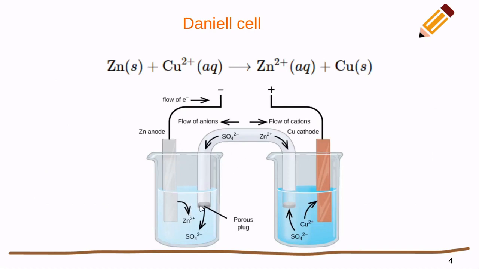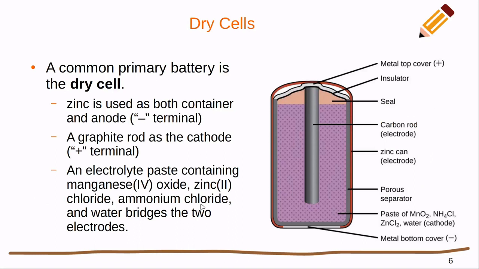It's losing mass, which means that on a dry cell, the container itself holding in this paste made of manganese oxide and these other metals and water is actually degrading. So it wasn't the best thing in the world, but they were pretty cheap and easy to make, and they used this electrode in the center that was just a carbon rod that was super cheap. And they worked for a long time.